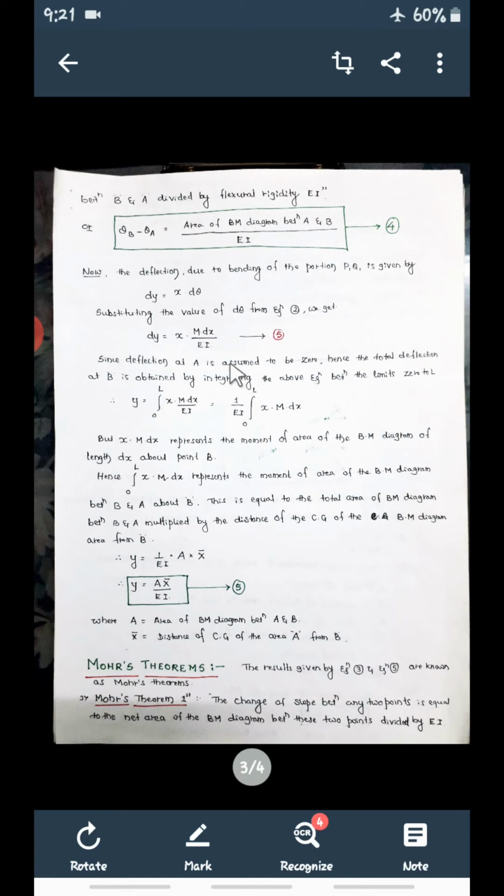Now since the deflection at A is assumed to be 0, since we are considering the support A as fixed, there is no deflection and no slope. So deflection at A is 0, hence the total deflection at B is obtained by integrating. This is the deflection between two points P1 and Q1.